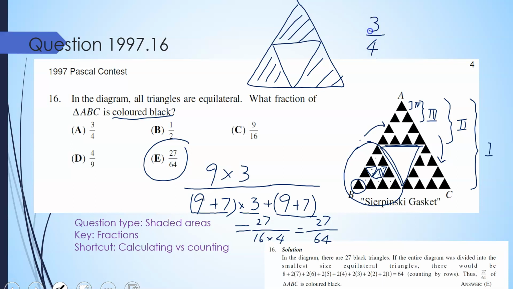That's 3 out of 4 triangles. And by this time you can see, no, the top triangle 2, it's not all shaded. It's only partially shaded. That's fine. Now let's further divide this triangle into 4.